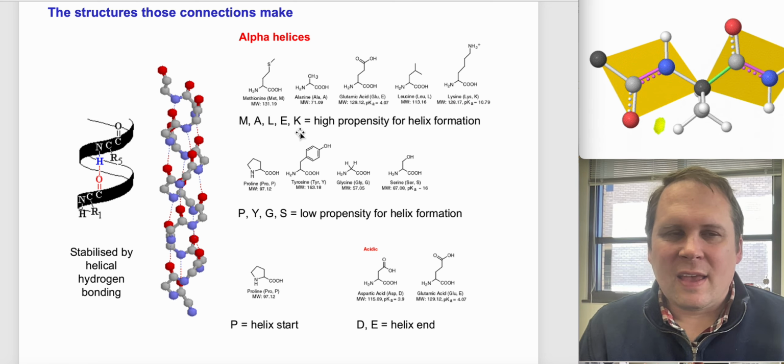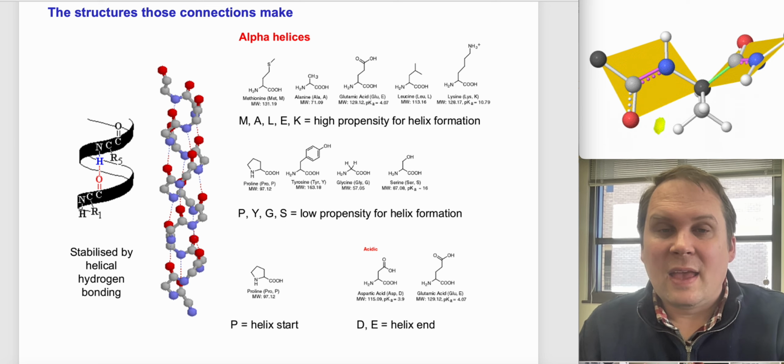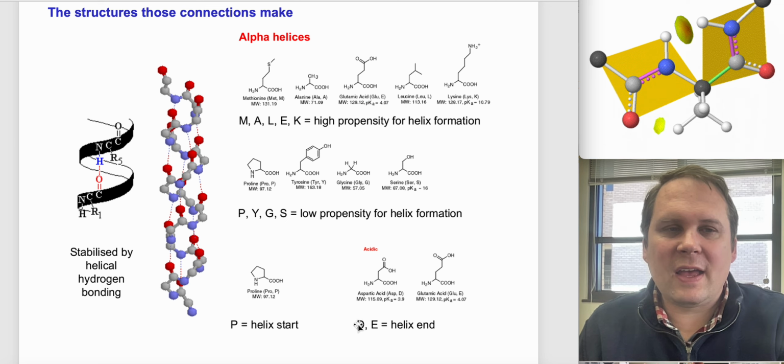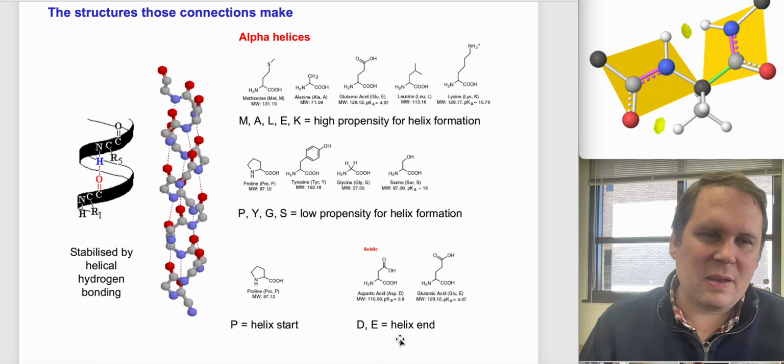It's right-handed in the sense that we're assuming this is the N-terminus, amino terminus, and the C-terminus is over here, and proline puts that little bend in there. You will often find the two acidic amino acids at the end of a helix. They are helix breakers, but they're also helix cappers.